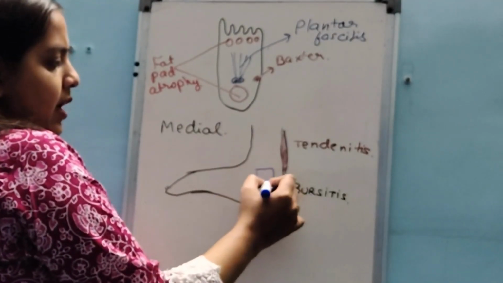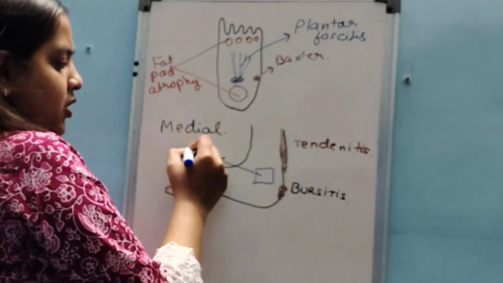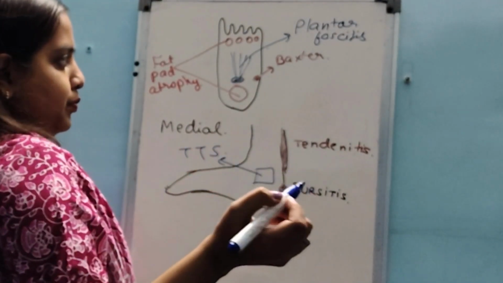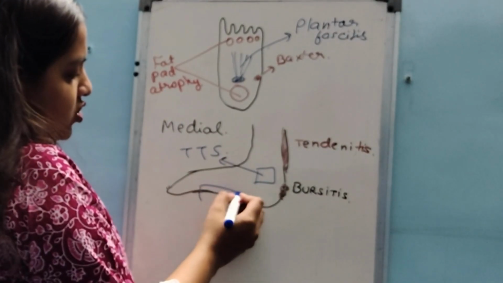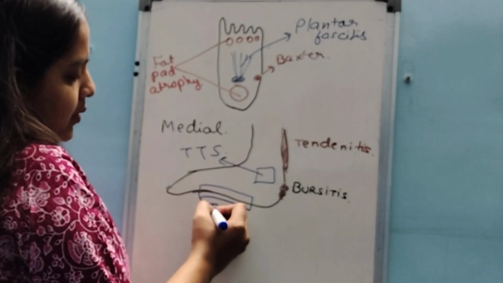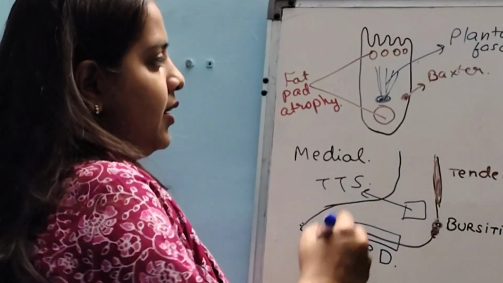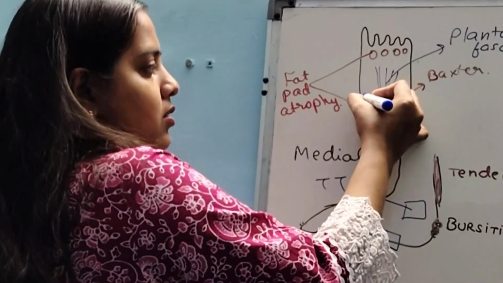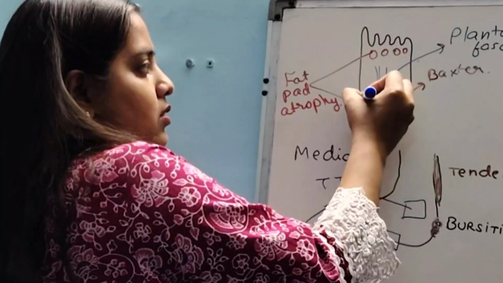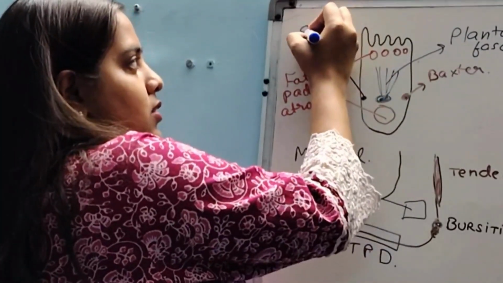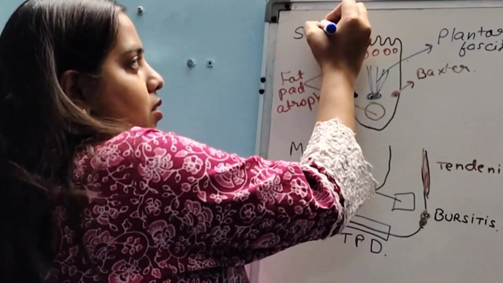If you have pain here in the ankle region, it may be tarsal tunnel syndrome. Arch here, it may be tibialis posterior dysfunction. And if you have pain here, then it is due to spur.